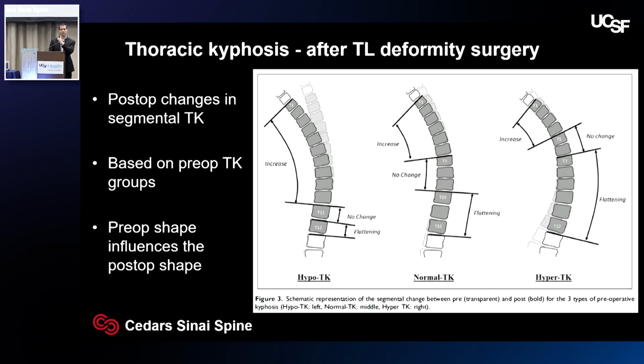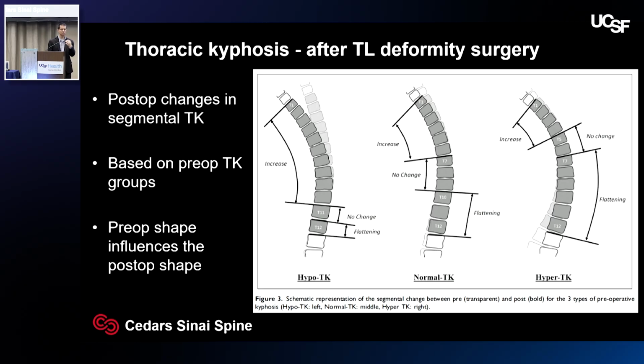For normal, it adjusts: the proximal change in thoracic kyphosis is smaller, but it's there, and then you have a flattening of the distal kyphosis. And for the hyper patients, you have very little change in the proximal thoracic, but a lot of flattening in the distal region.